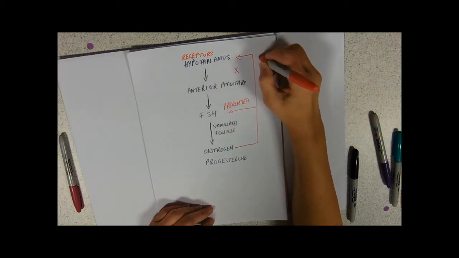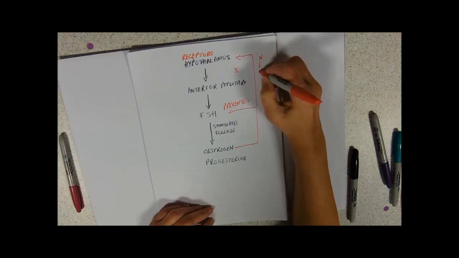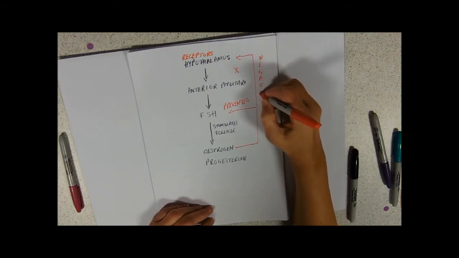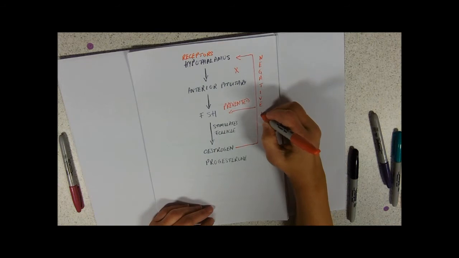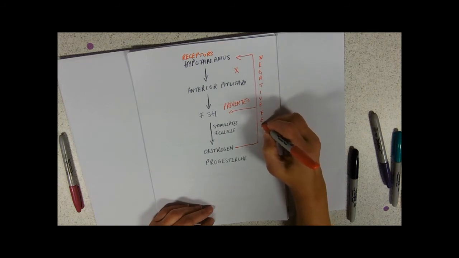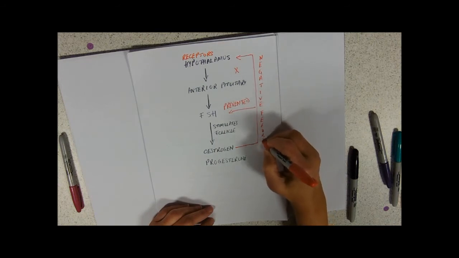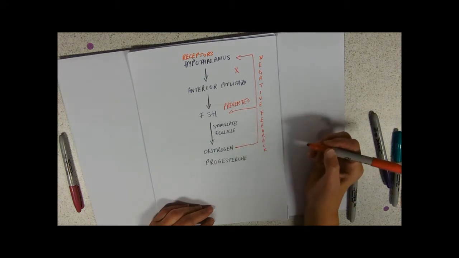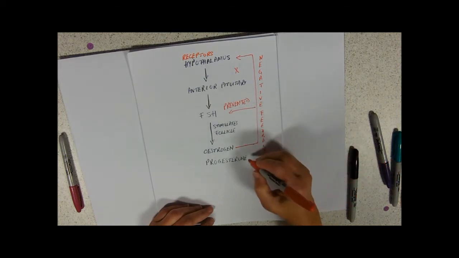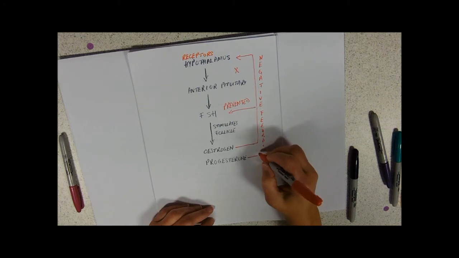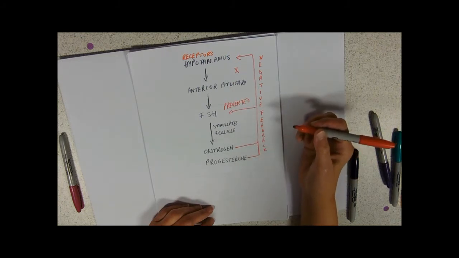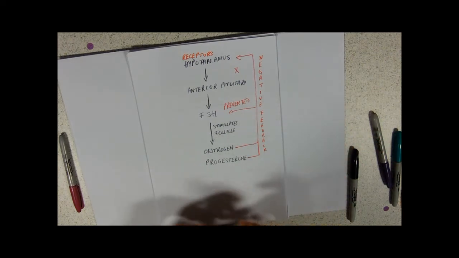So this bit down here is negative feedback. It'll say, don't release any more FSH. Let's not have any more follicles. And during the second half of the cycle, progesterone is pretty much going to do the same thing. It's going to say, right, don't release any FSH. We don't need any more.